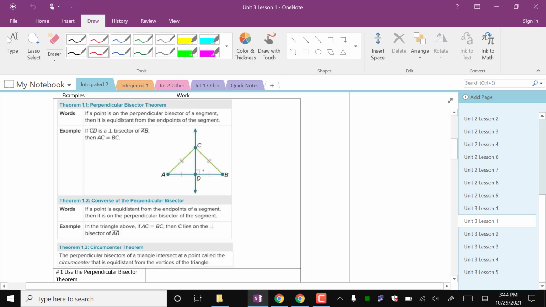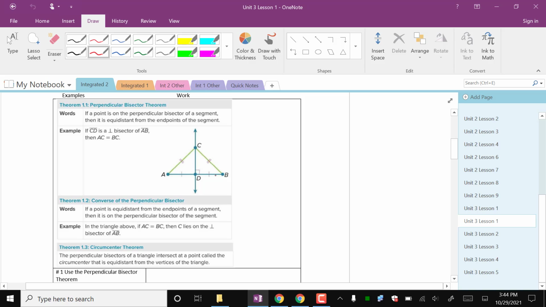So if CD is a perpendicular bisector of AB, then AC equals BC. So basically the bottom part down here is cut by CD. So this part right here and this part right here are the same.